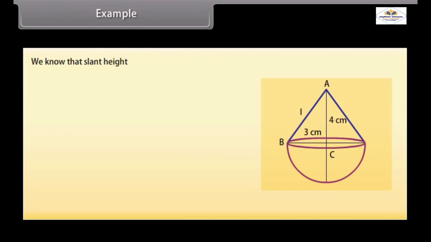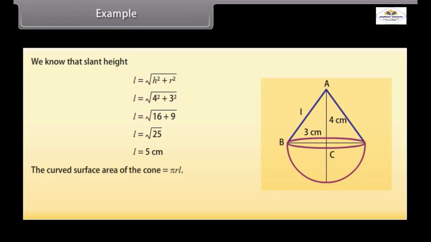We know that slant height l is equal to square root of h square plus r square, which equals square root of 4 square plus 3 square, which is square root of 16 plus 9, which is square root of 25, which equals 5 cm. Now substituting the values of pi, r and l, we get 3.14 into 3 into 5, which is equal to 47.1 centimeters square.